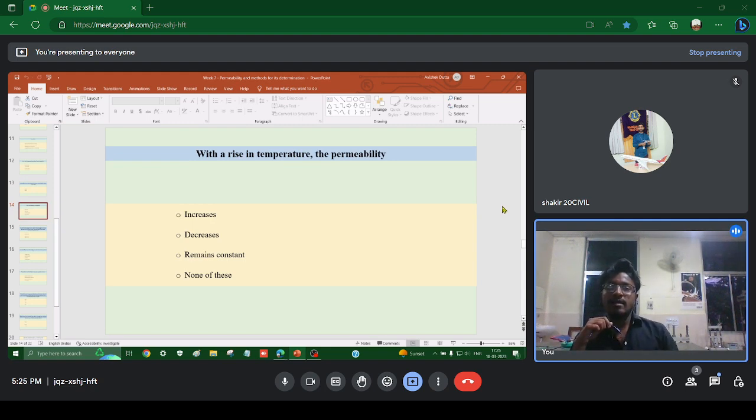With a rise in temperature, the permeability increases or decreases or remains constant or none of the above. What will happen to permeability if there is a change in temperature? Specifically here is a rise in temperature.